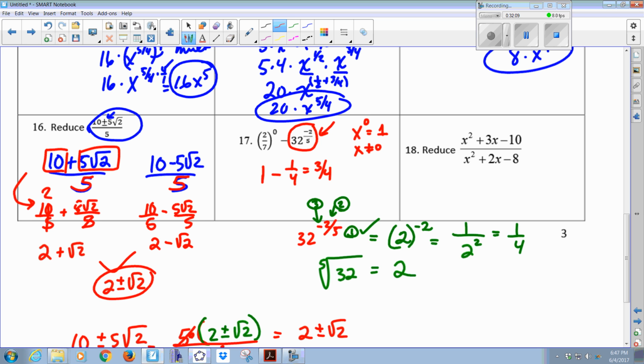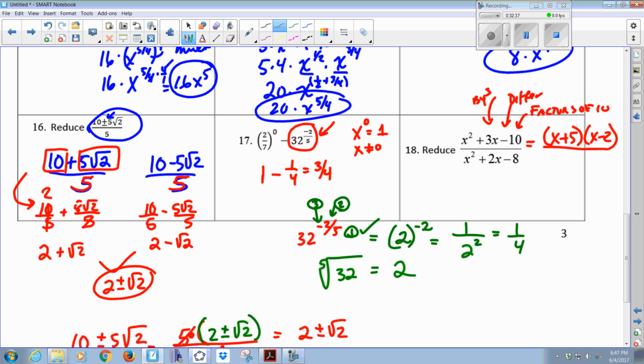You have 3 terms on the top and 3 terms on the bottom, and never should a slash go through terms, only factors. So you factor your top. You say, what factors of 10 differ by 3? 5 and 2. x plus 5, x minus 2.